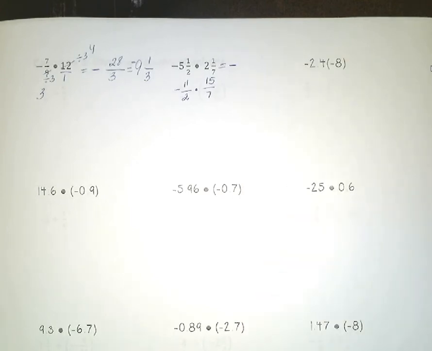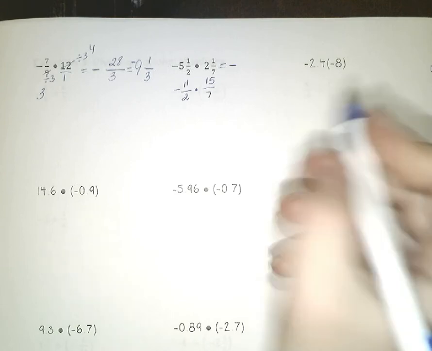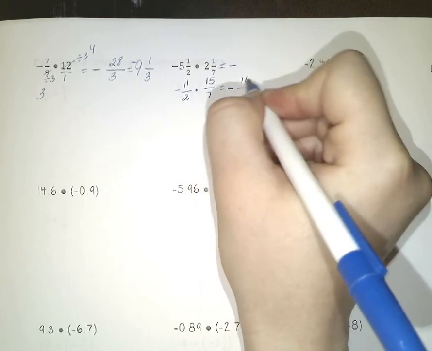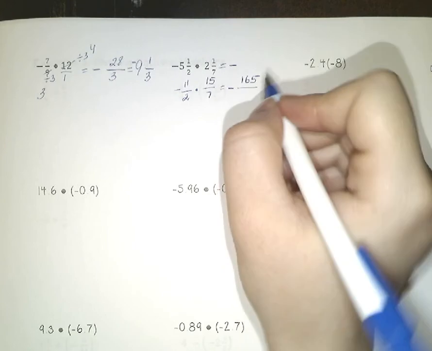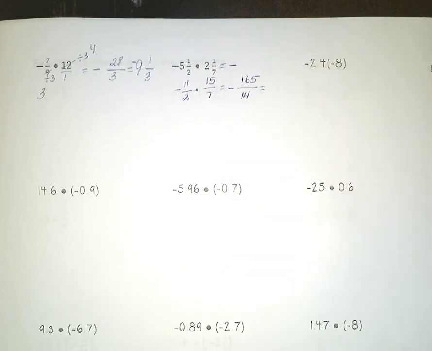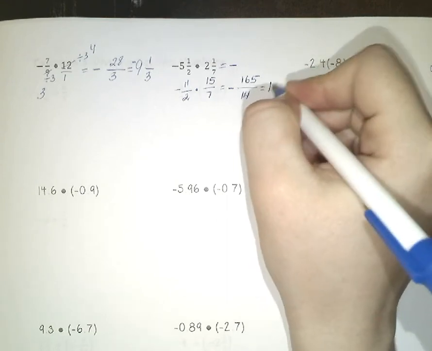So you're going to multiply across again. So 11 times 15, 165, negative 165, and 2 times 7 is 14. This is an improper fraction. We need to make sure to change it into a mixed number. So we are dividing 165 by 14, and we will get 11.